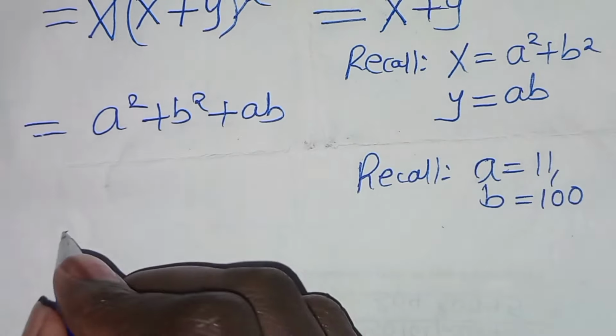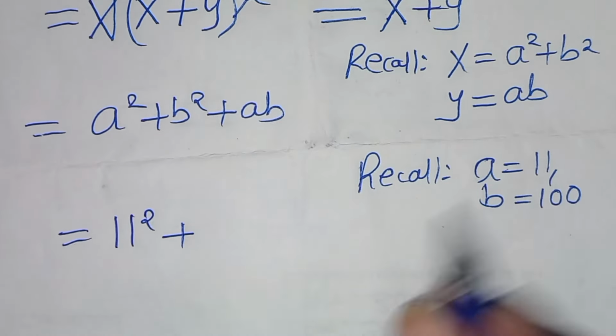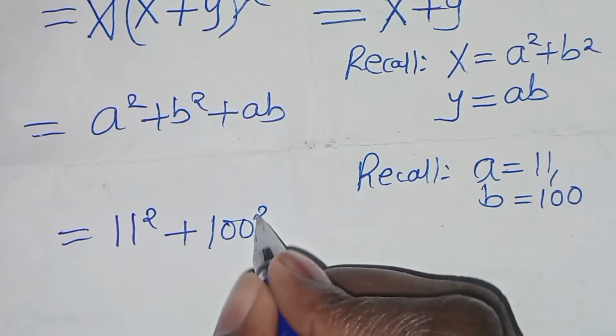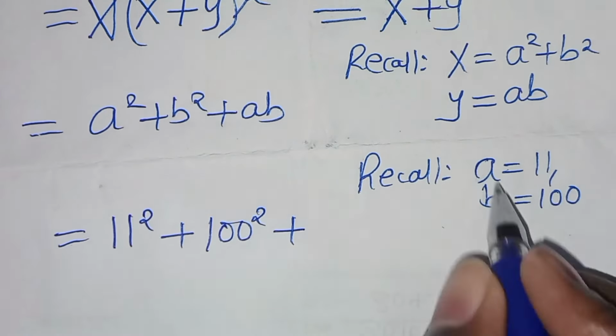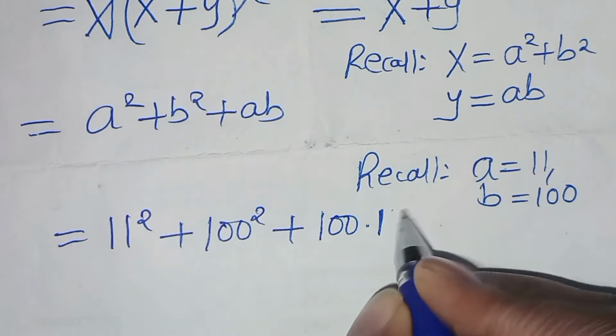Here we have 11 squared plus 100 squared, then plus AB, this is 100 times 11.